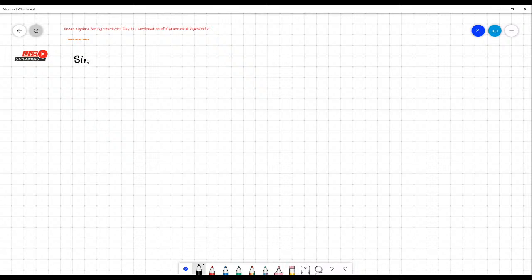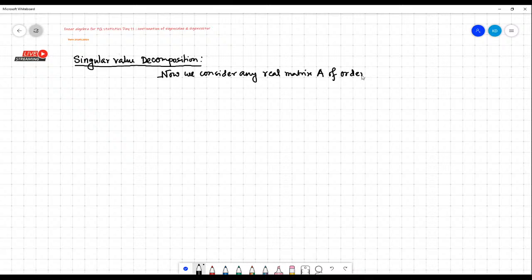Singular value decomposition. Now we consider any real matrix A of order m cross n.